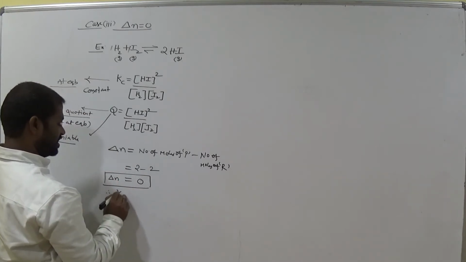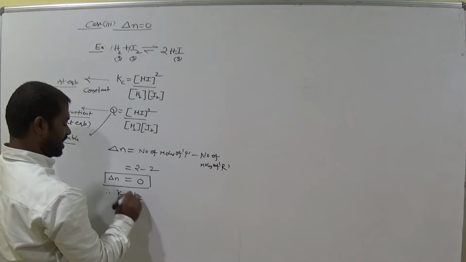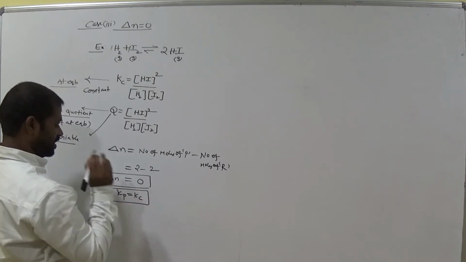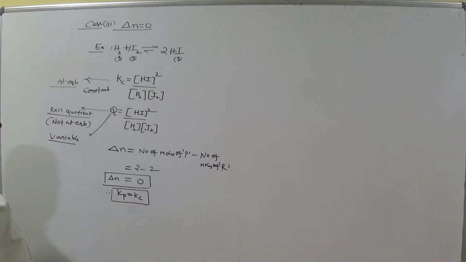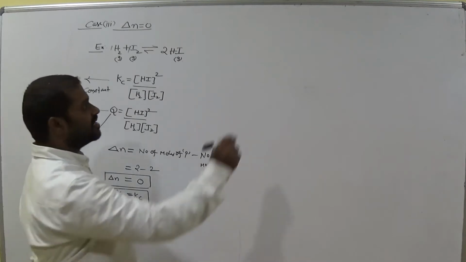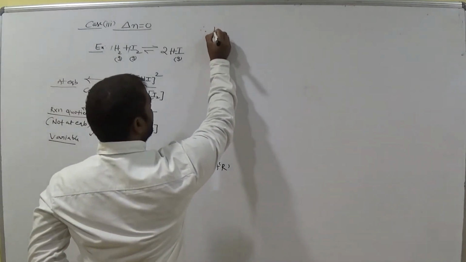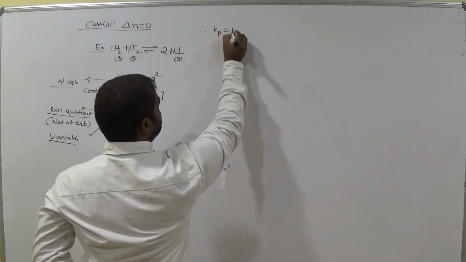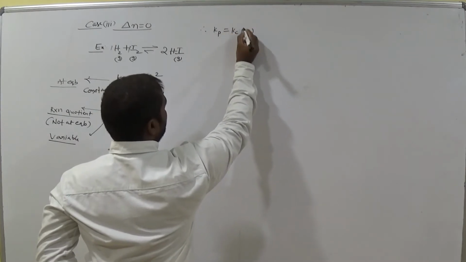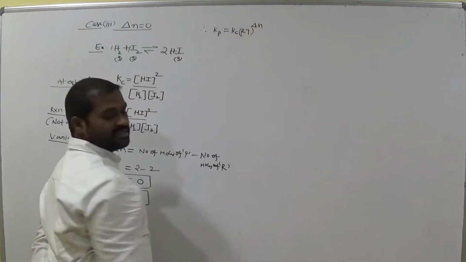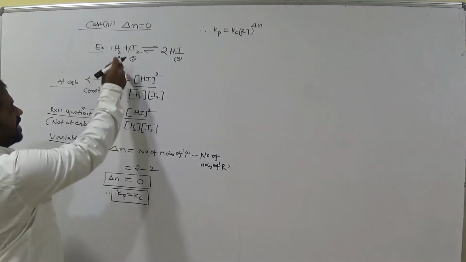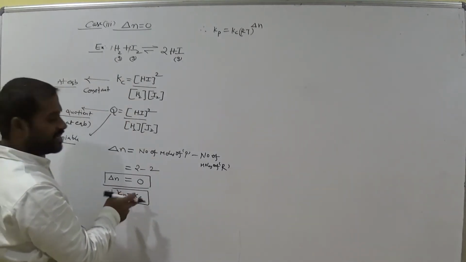In this case, Kp becomes equal to Kc also. Why is Kp equal to Kc? So see the expression. We already know Kp is equal to Kc (RT) to the power delta n. Am I right? So for this reaction, what is the value of delta n? 0.